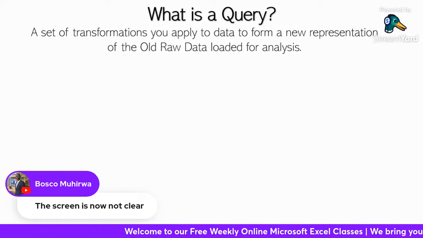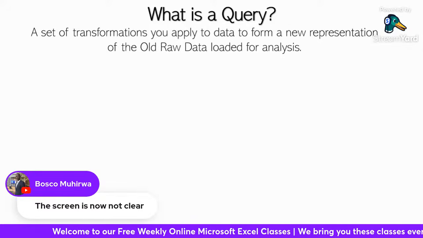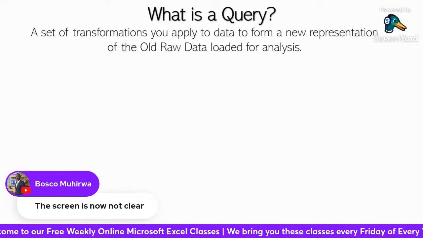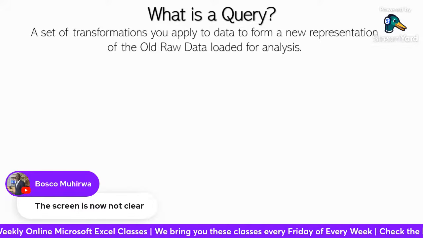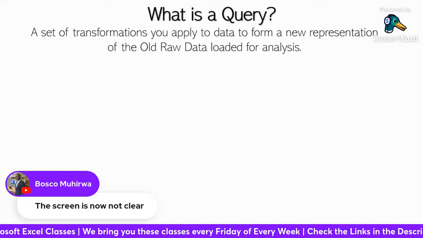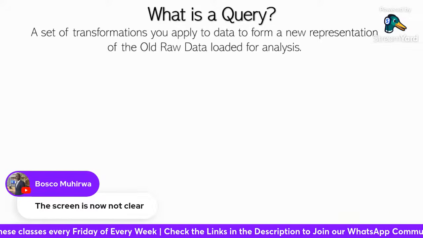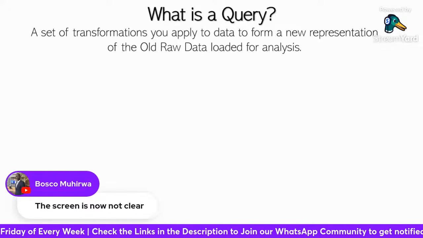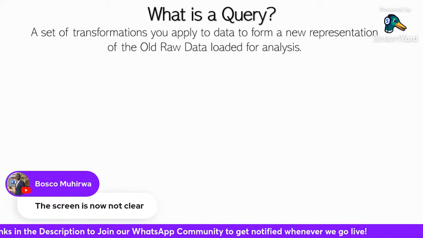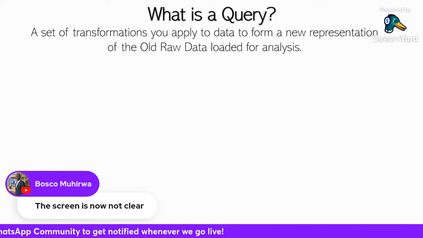All the transformations that you go through, removing unwanted data, cleaning, adding more columns, doing the twisting, everything that you do at transformation level, combines into what we call a query. That query is what you use to load your final data that you'll be using for analysis.